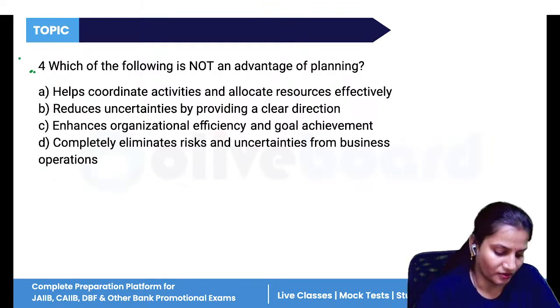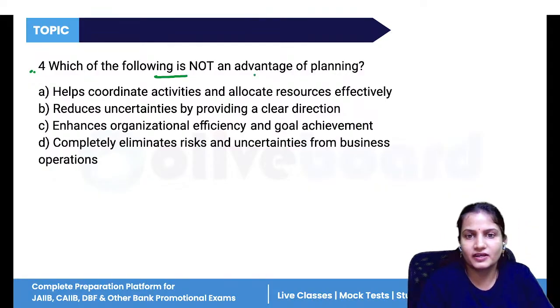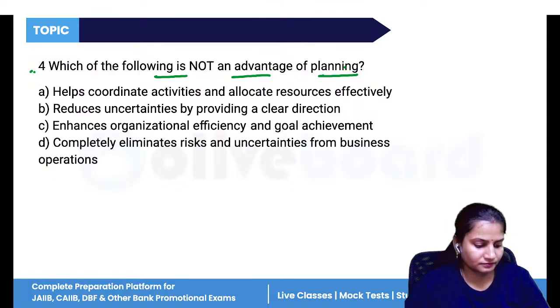Now, question number 4. Which one of the following is not an advantage of planning? It coordinates activities and allocates resources.